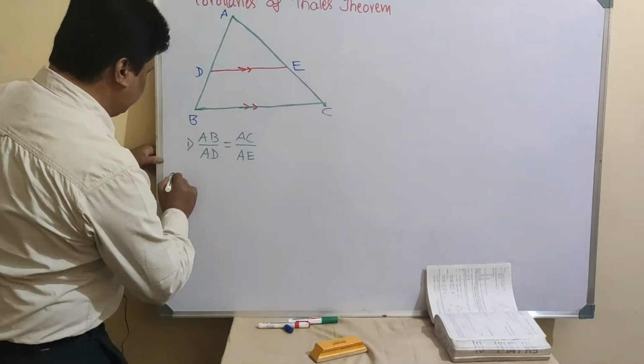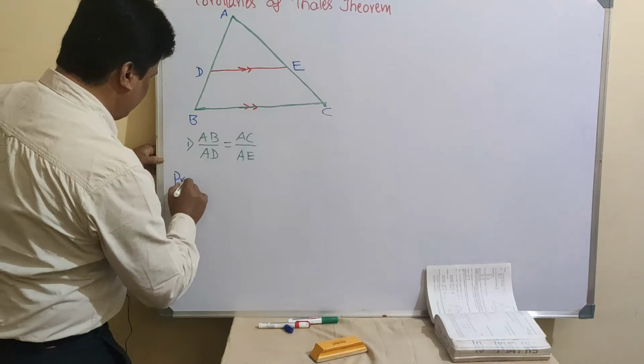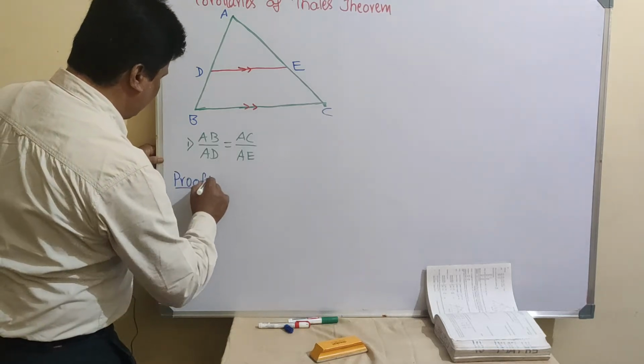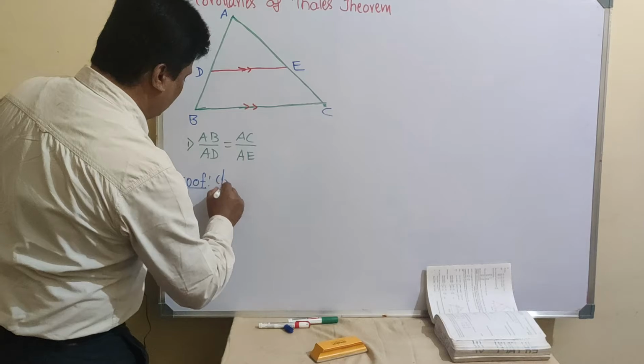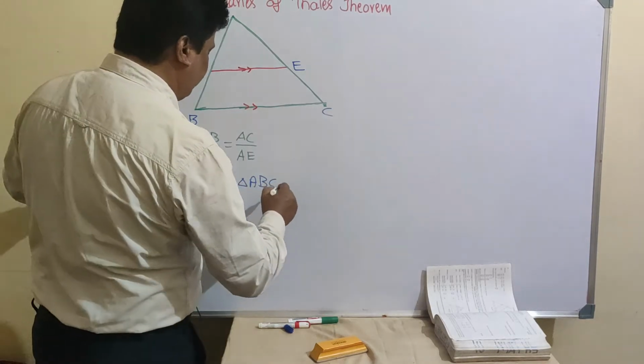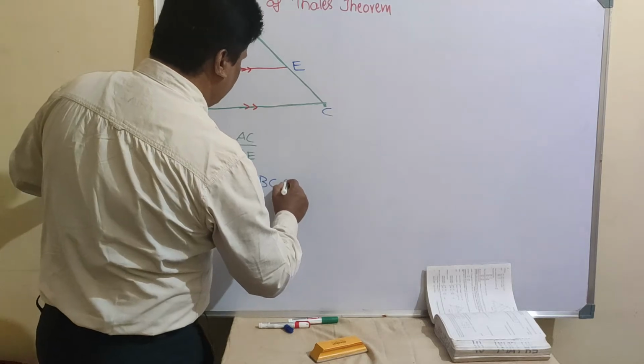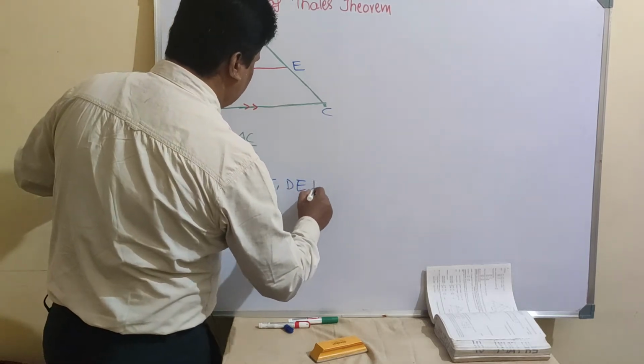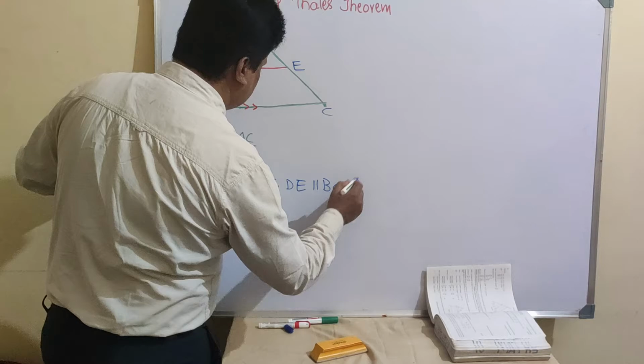Proof. In triangle ABC, DE is parallel to BC.